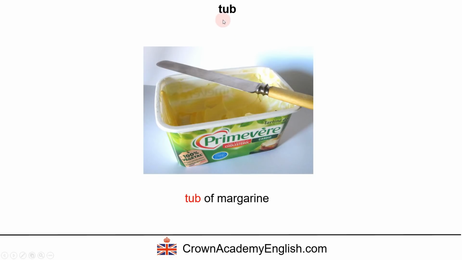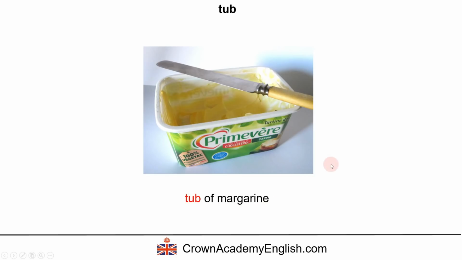Tub. Tub. Okay, so tub is the name of this plastic container. It's almost like a small bucket. Okay, so it's a small plastic container. And we use this word for margarine or butter and often ice cream.